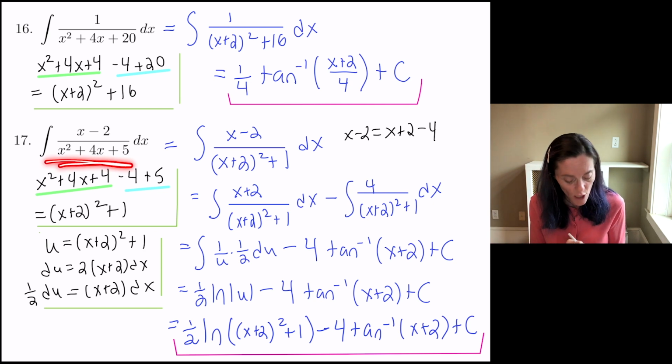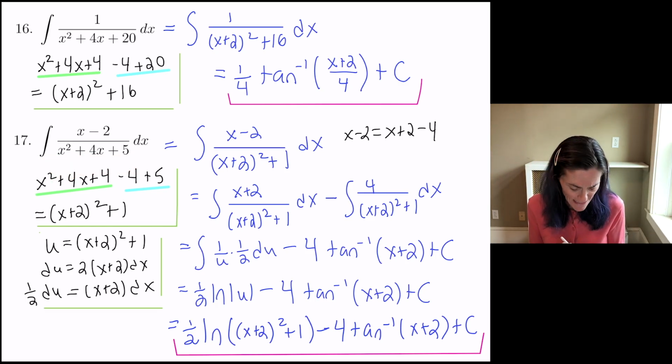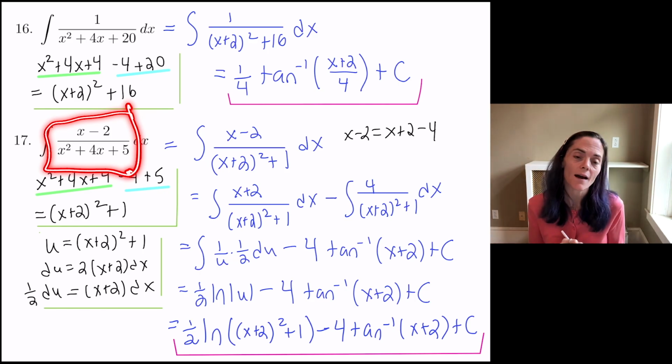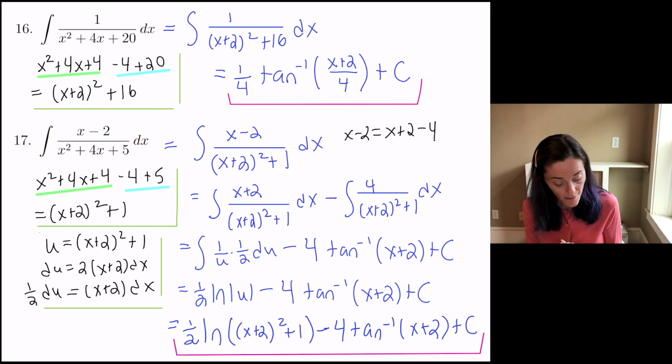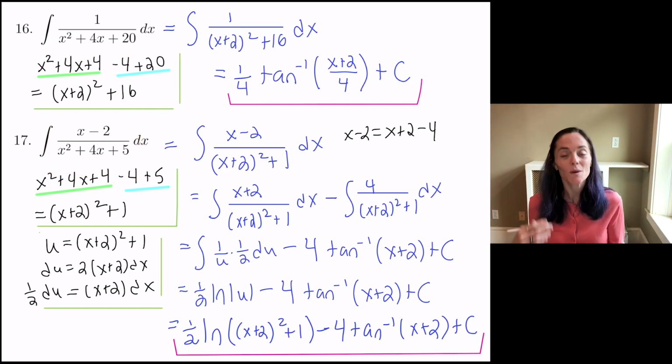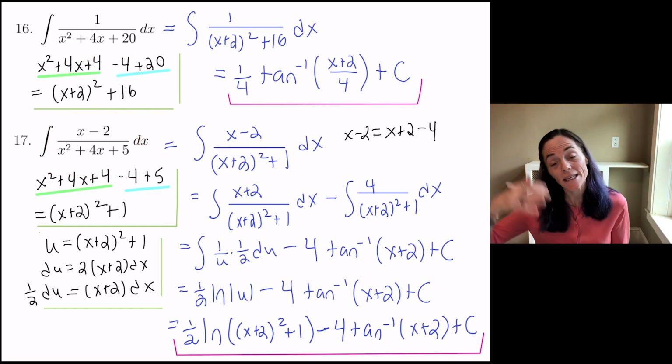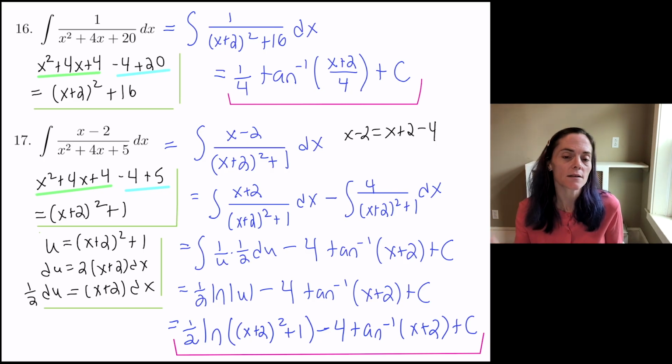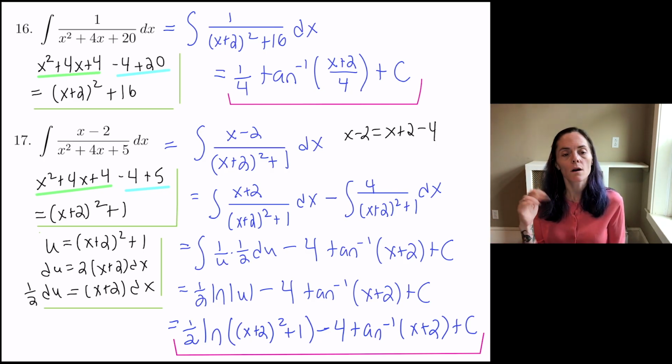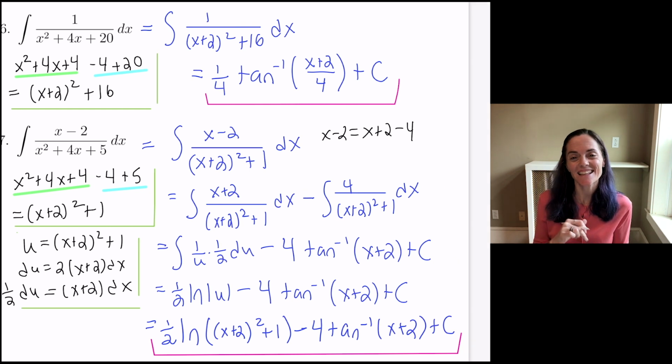So this is an irreducible quadratic, meaning this is as simple as it gets. You cannot make that any simpler through a partial fractions decomposition. And similarly for this one. So completing the square certainly came in a hint, or in the directions, I should say, but it is also the best approach for 16 and 17.